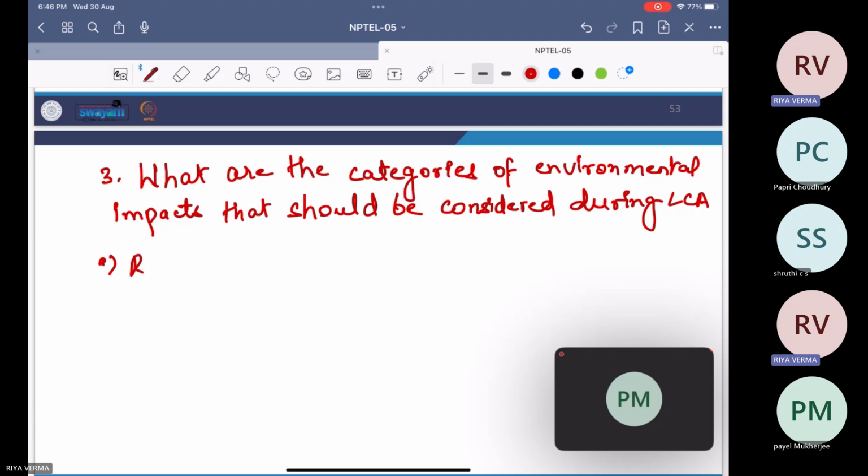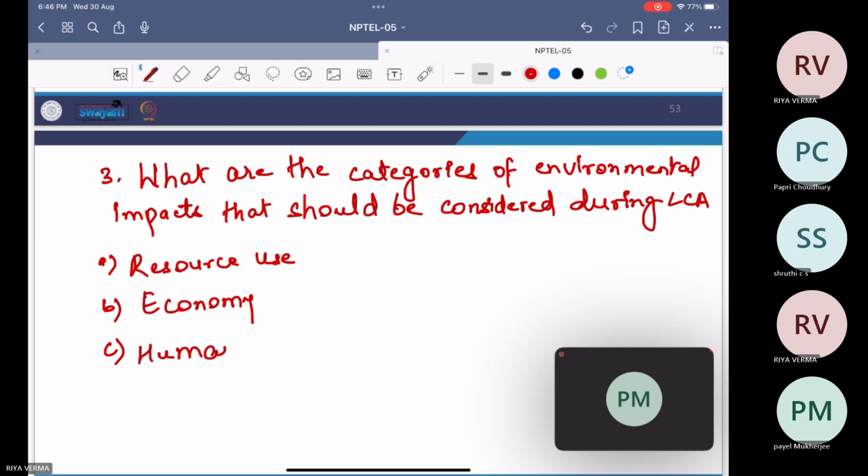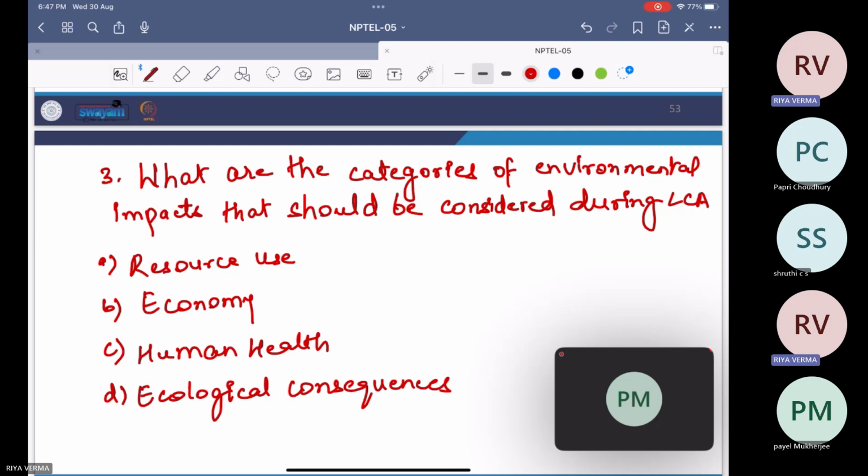I'm writing options: resource use, economy, human health, ecological consequences. So the answer will be the first option, resource, and it is a multiple option.